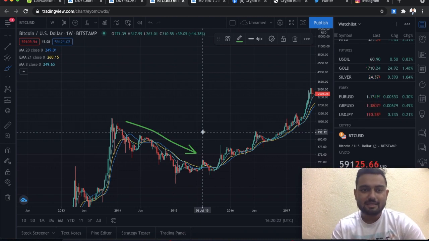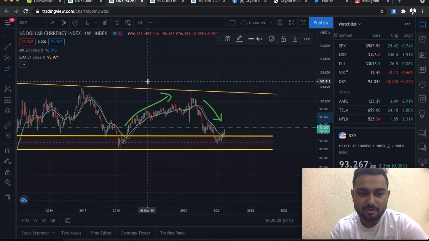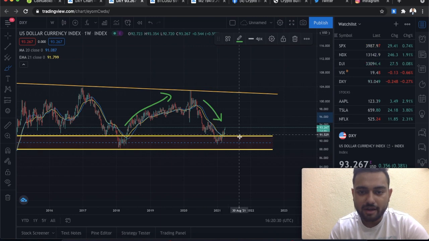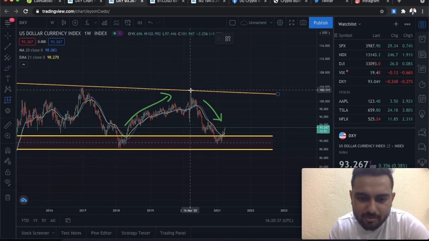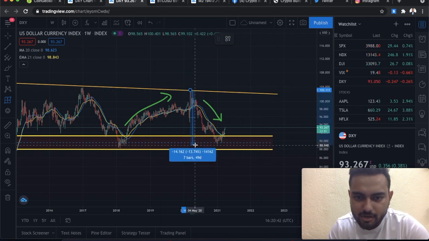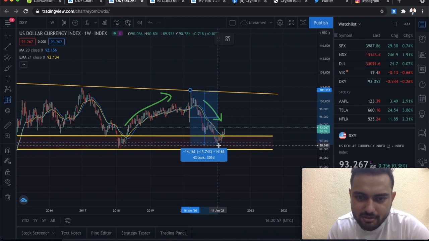Now, will this be actually true this time as well? Because as you can see, the dollar actually, after coming down from approximately, let's measure this move, from its high on March 2020, it came down and bottomed out during the time of January, till December actually, yes.